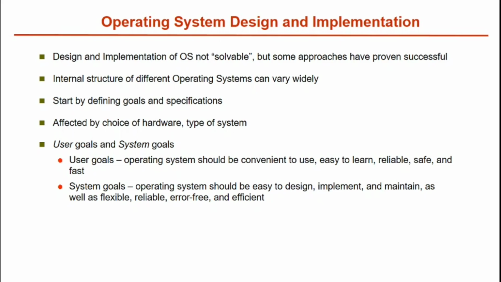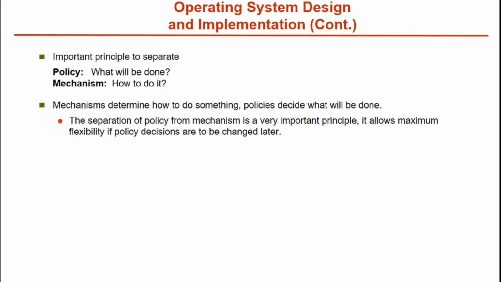Although no textbook can tell you exactly how to design an operating system, software engineers are involved in the field and develop them. This is how software design and implementation is done. In operating system design and implementation, an important principle is policy, what will be done, and mechanism, how to do it.